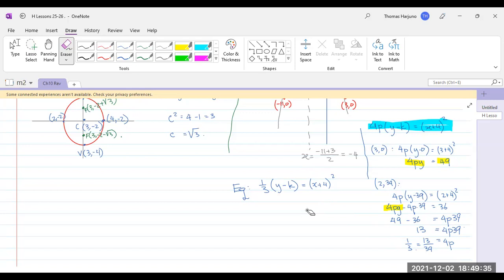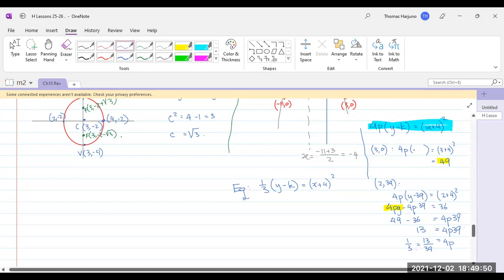Oh, you know what? I actually made a mistake here. In fact, that's a very bad mistake. The y is 0, not the k equals 0. I need to fix it. So 0 minus k, so this is negative 4pk equals 49. This one is also incorrect then.